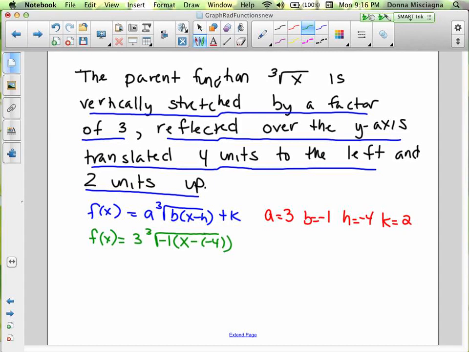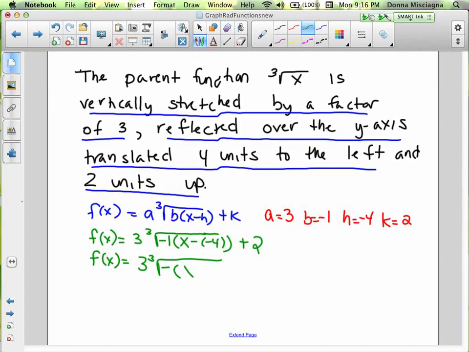So we need to simplify that, and then plus 2. So f of x is equal to 3 times the cube root. We don't have to put a -1, we could just put a negative. So we need these parentheses because then it's going to be x plus 4.